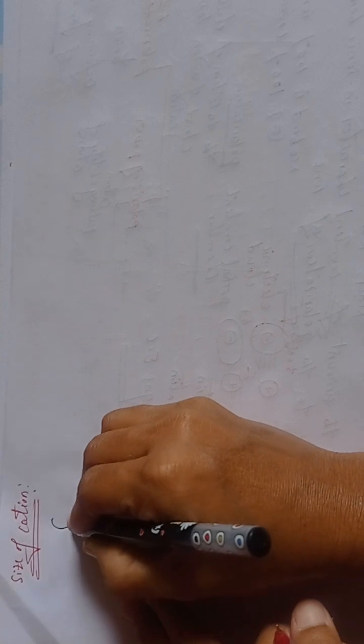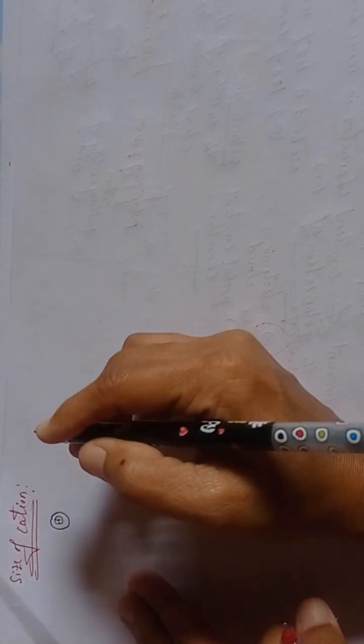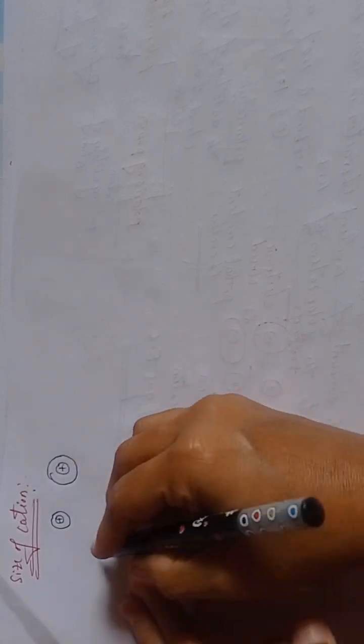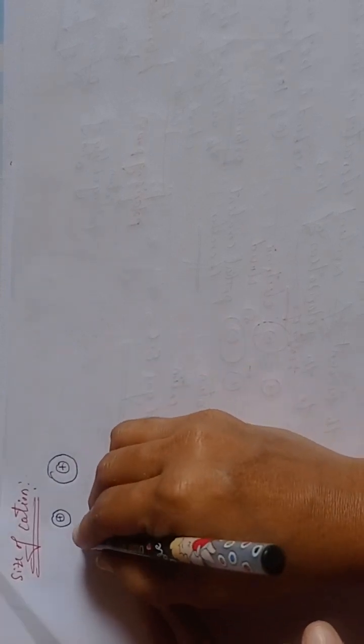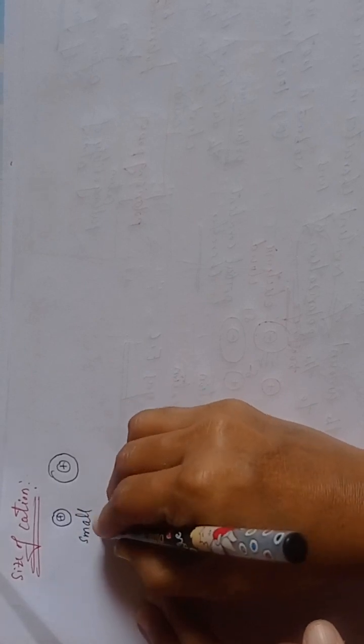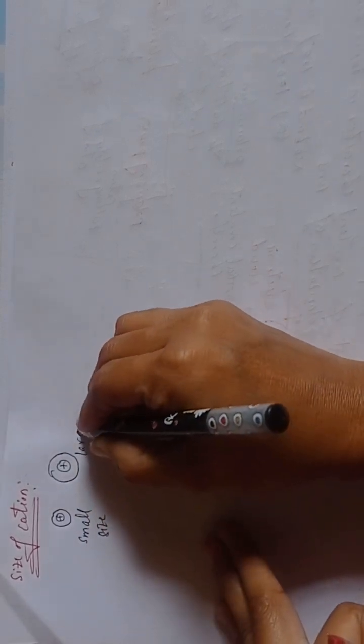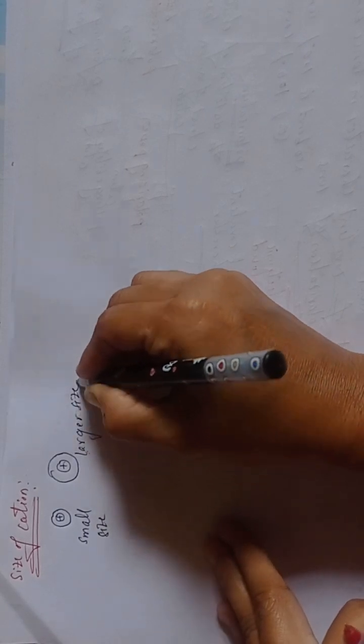I am taking one cation with a smaller size and another with a bigger size. This is the small size, and this is the larger size.